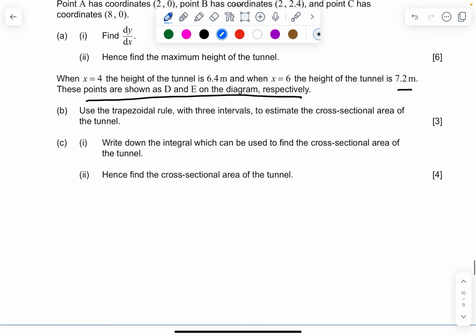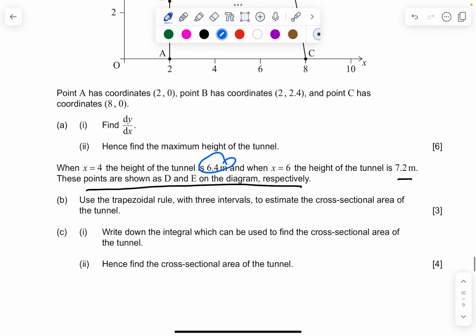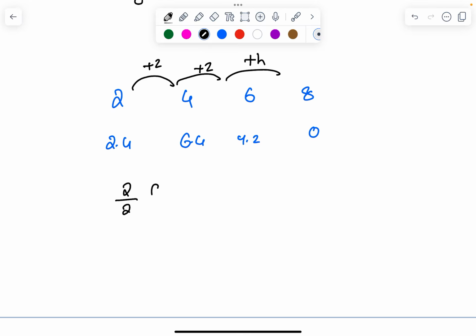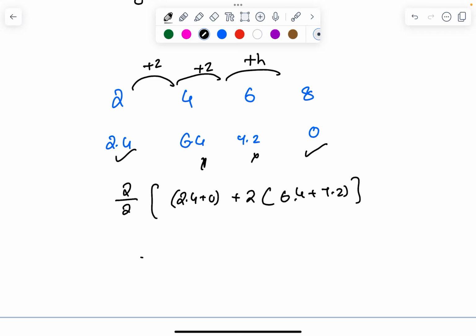When it is 4, it is 6.4, and when it is 6, it is 7.2. So use the trapezoidal rule, h upon 2. The gap is going to be the value of h. So 2 upon 2, first term plus last term, 2.4 plus 0, plus twice the sum of the remaining terms, 6.4 plus 7.2, which is going to be 29.6 meters square.